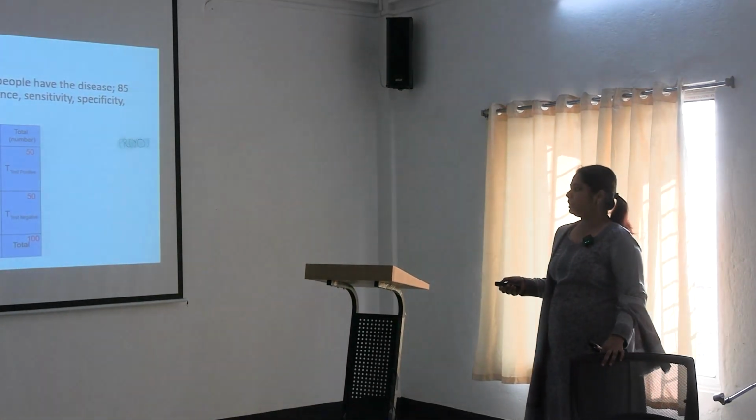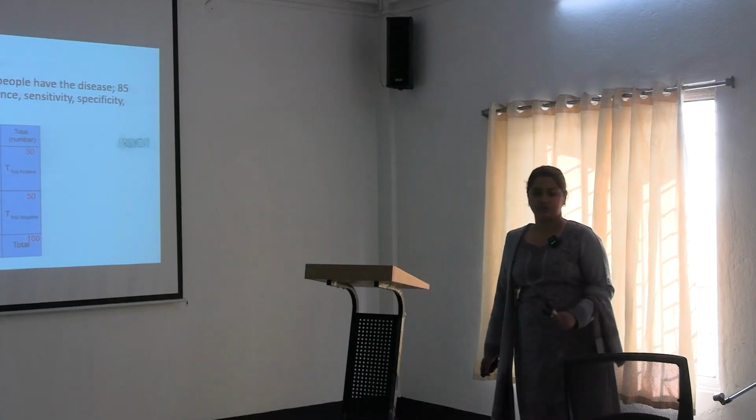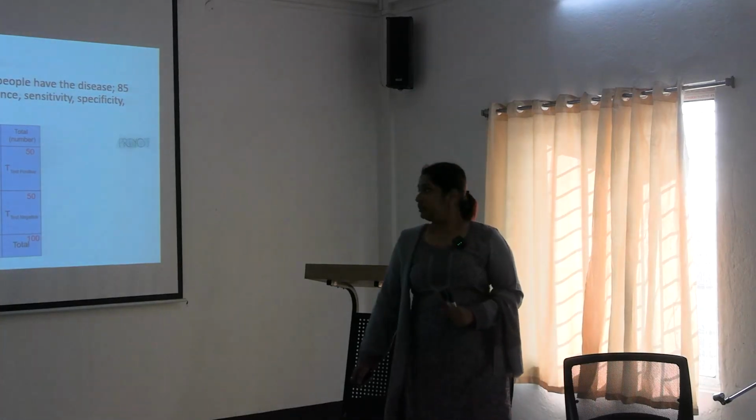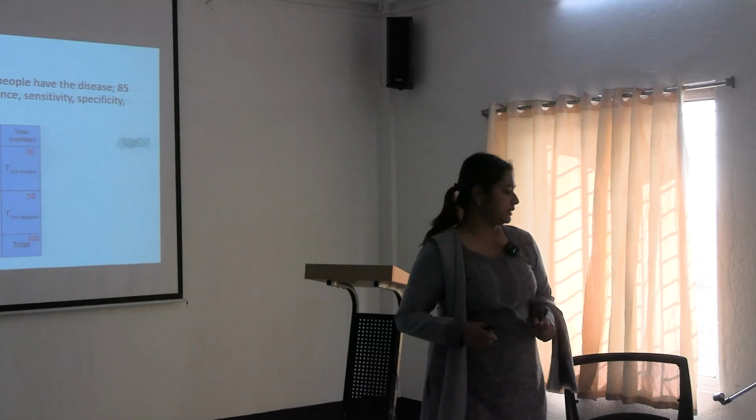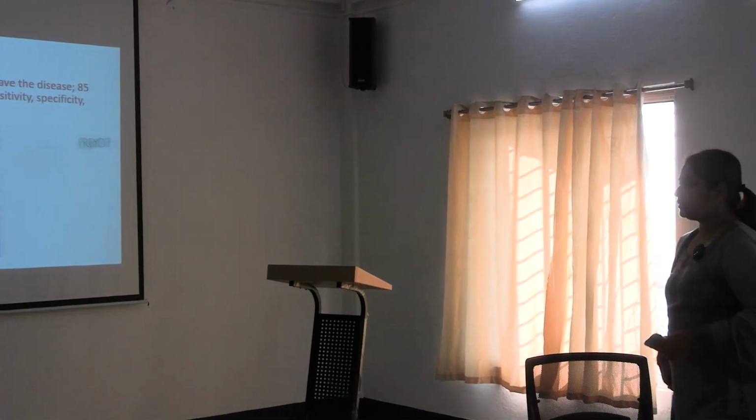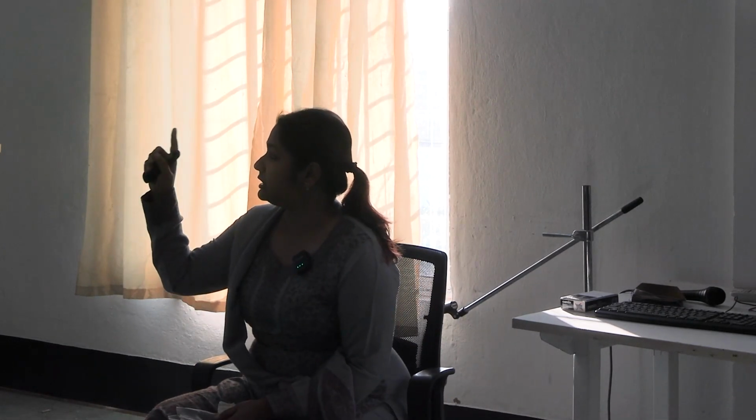These numbers are all given, so first calculate the prevalence. What is the prevalence of the disease? 15% is the prevalence. Among 100, 15 have the disease, so the prevalence is 15%. Now calculate the rest, sensitivity, specificity, PPV and NPV, with these values.